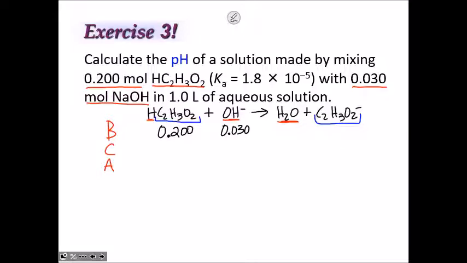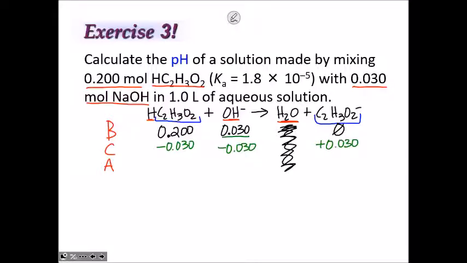All right, so here, of course, water doesn't matter. I'm going to cross that off. We're starting out with 0 acetate. So looking at your numbers, this one's the smaller one, so that one's going to run out. That's the one you subtract from both of your reactants, like so. That's what you add over here to your conjugate, because everything is 1 to 1.